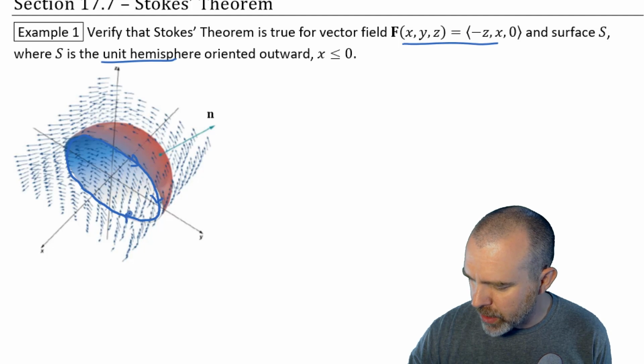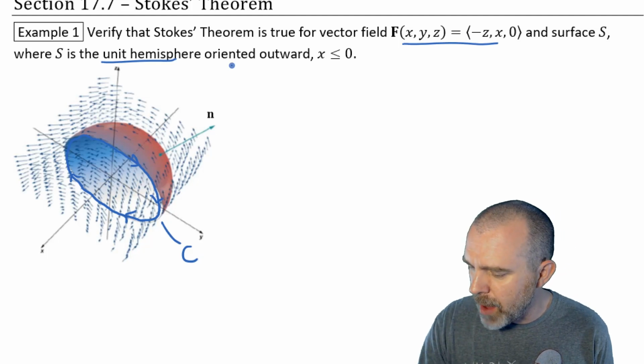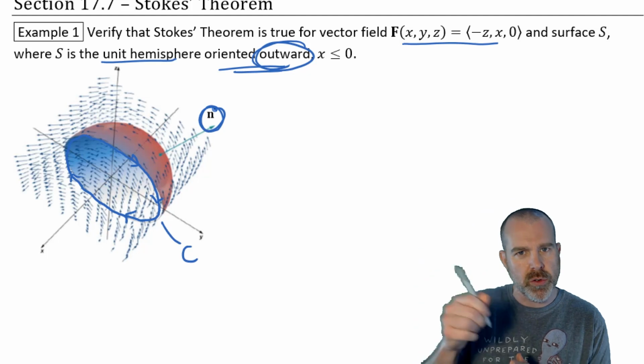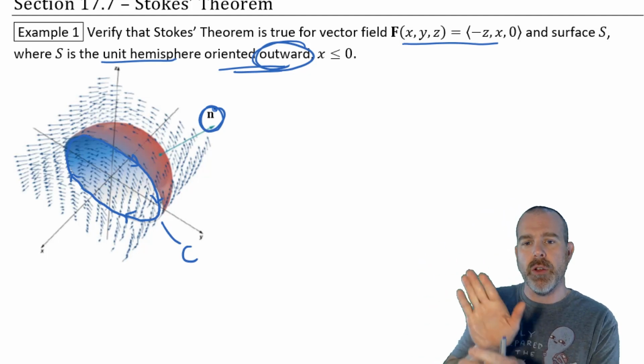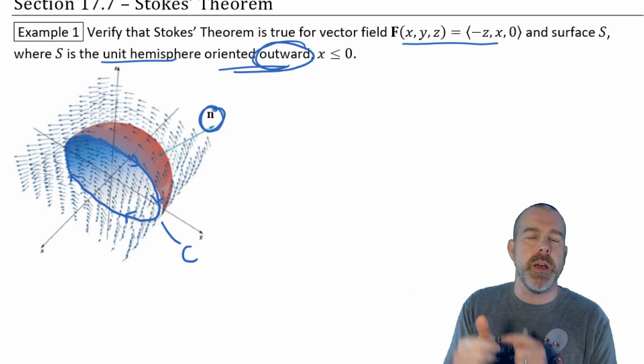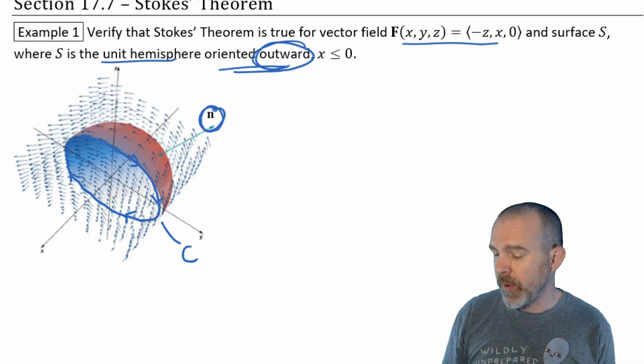That's the orientation our curve is going to have to be because of that right-hand rule. The hemisphere is oriented outward, notice it has the normal vector drawn outward, so as we follow the curve around, we need the thumb of our right hand to point outward from that hemisphere.